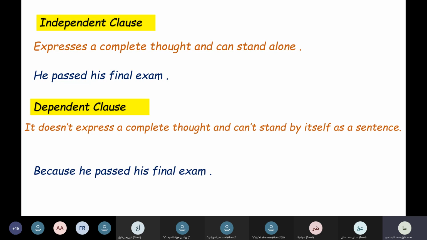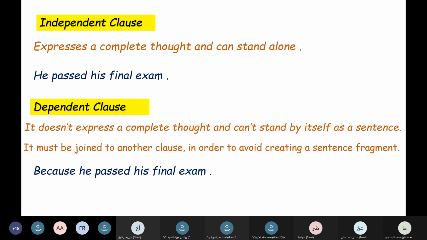So the dependent clause doesn't express a complete meaning and cannot stand by itself. It cannot stand alone as a sentence. It needs to be joined to another clause in order to avoid creating a sentence fragment. So this is about the dependent clause.